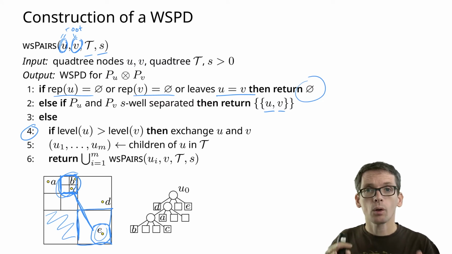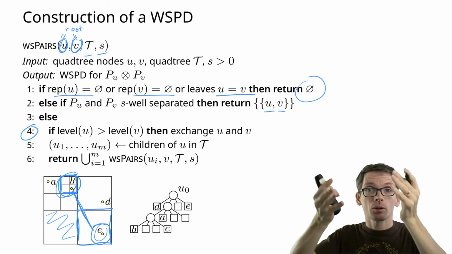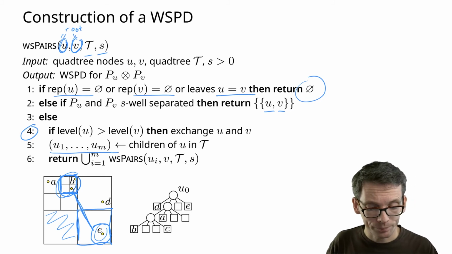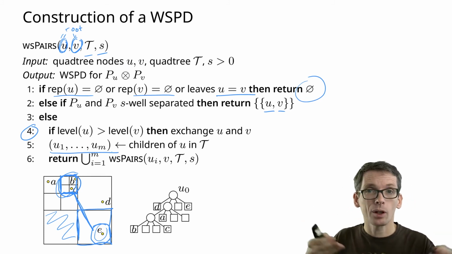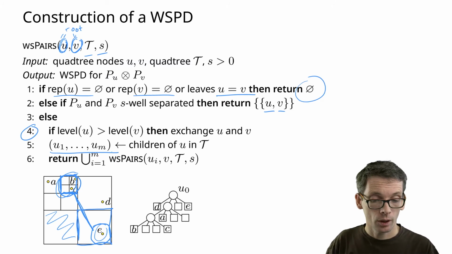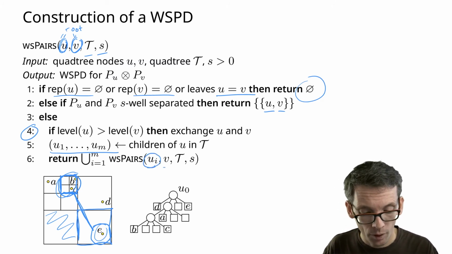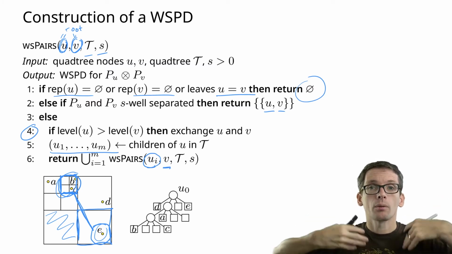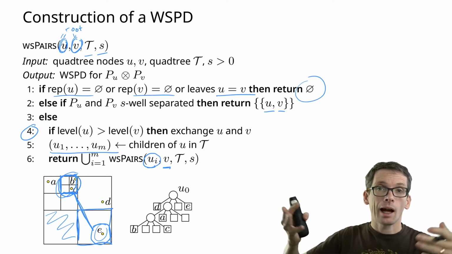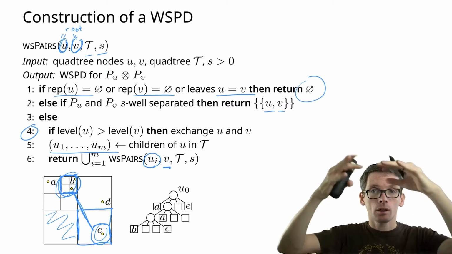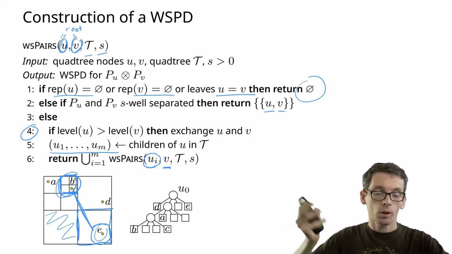So after line 4, the square of U is at least as large as the square of V. Because they were not well separated, we simply split the larger square. So we're going to split the square of U, going to the children of U. And now we recursively compute well-separated pair decompositions of the children U_i with V, and we take their union. In the description I always said square, but of course it also works in higher dimensions, and you have cubes and split them into smaller cubes and so on.